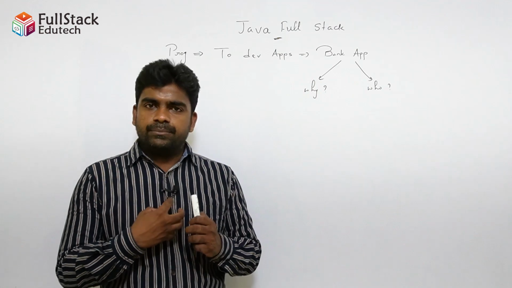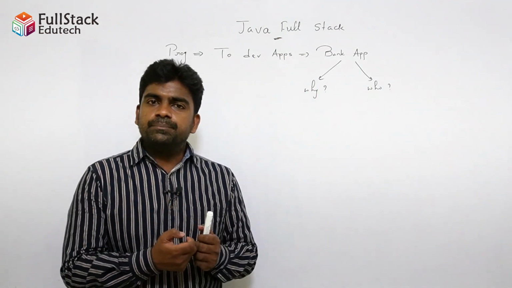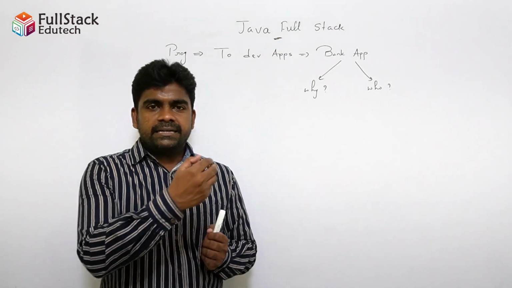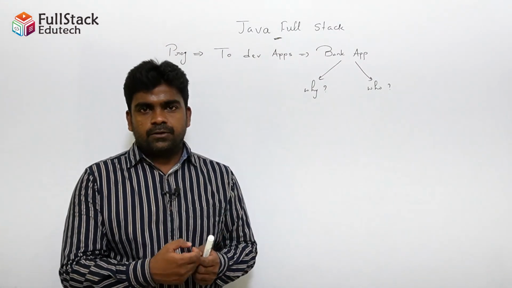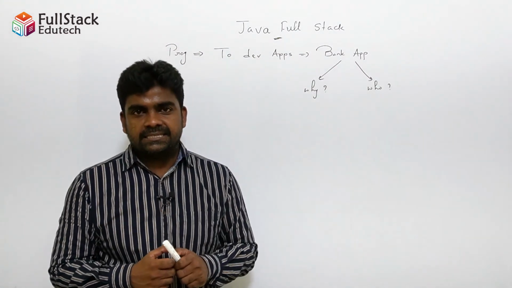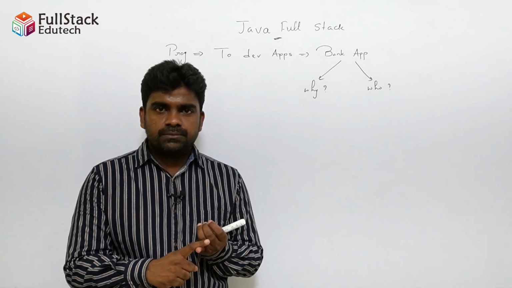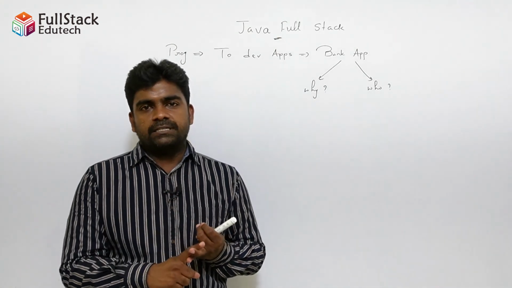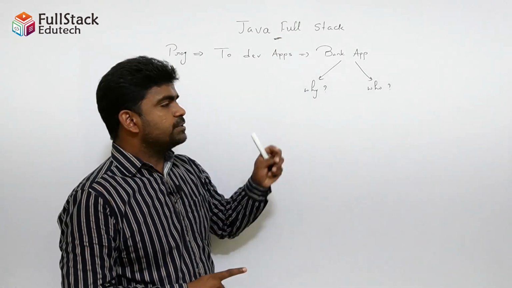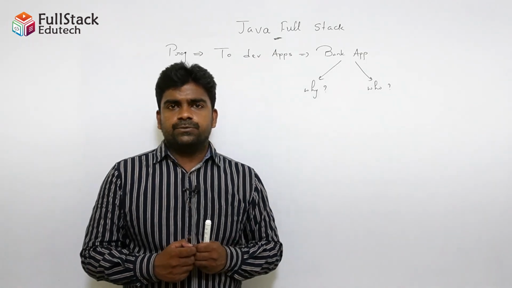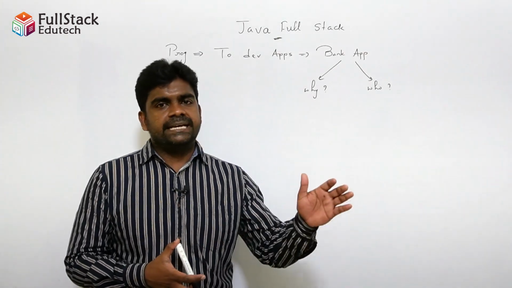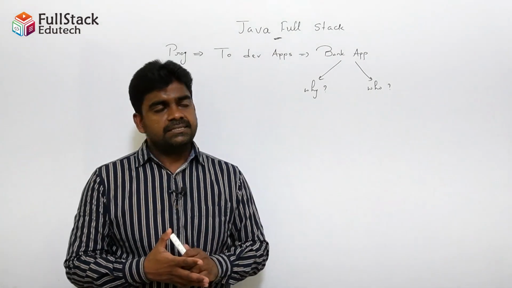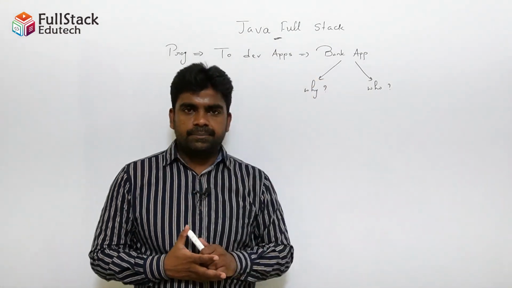For example, I am the customer, so I will install that bank application into my mobile. Why? For transactions. Customers will use it, as well as the bank employees. Why we are using it: just to perform the daily money transactions.